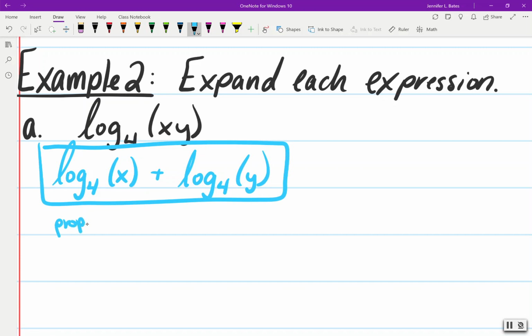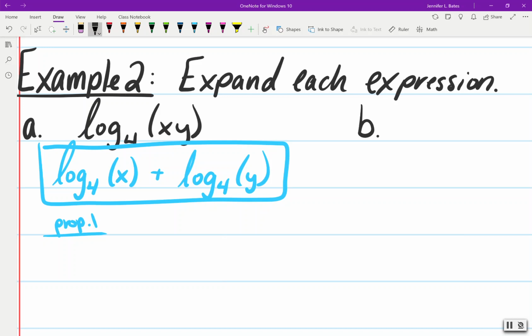So we used property 1 and we went backwards. 2 pieces in the argument that are getting multiplied, I can expand it and write it as 2 logs that are getting added.